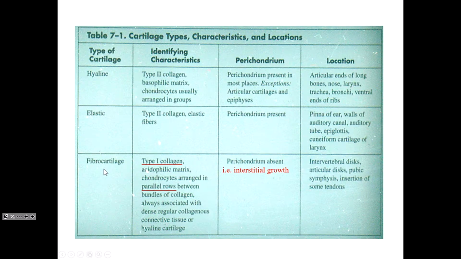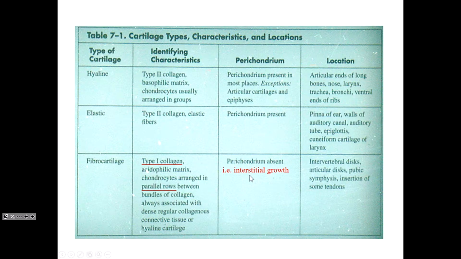The histological form of cartilage that is most distinct from the other two is fibrocartilage. Now in fibrocartilage, in addition to type 2 collagen, we now have type 1 collagen, which is more fibrous. And we see the cells of fibrocartilage in long parallel rows, which is histologically distinct, which allows us to identify fibrocartilage from either elastic or hyaline cartilage.